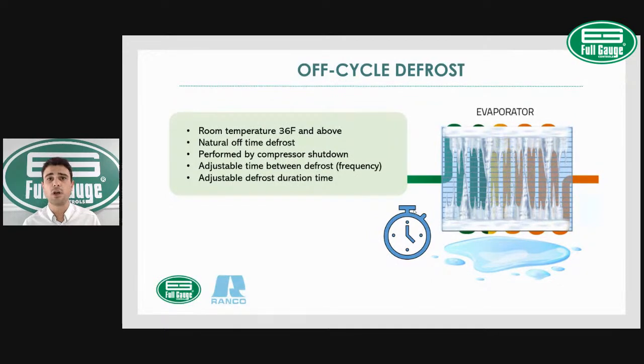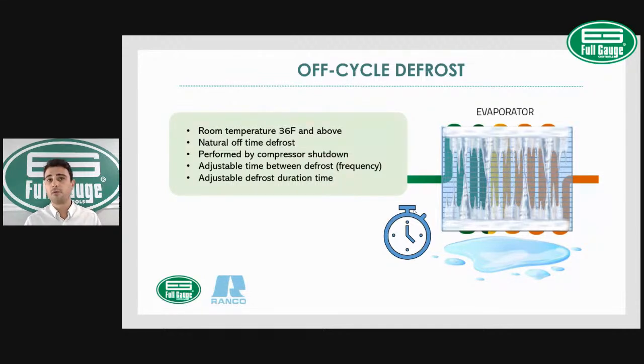The natural defrost cycle is the most simple defrost cycle available. It basically works by stopping the refrigeration system for a certain amount of time, letting the evaporator coil naturally melt down the ice.